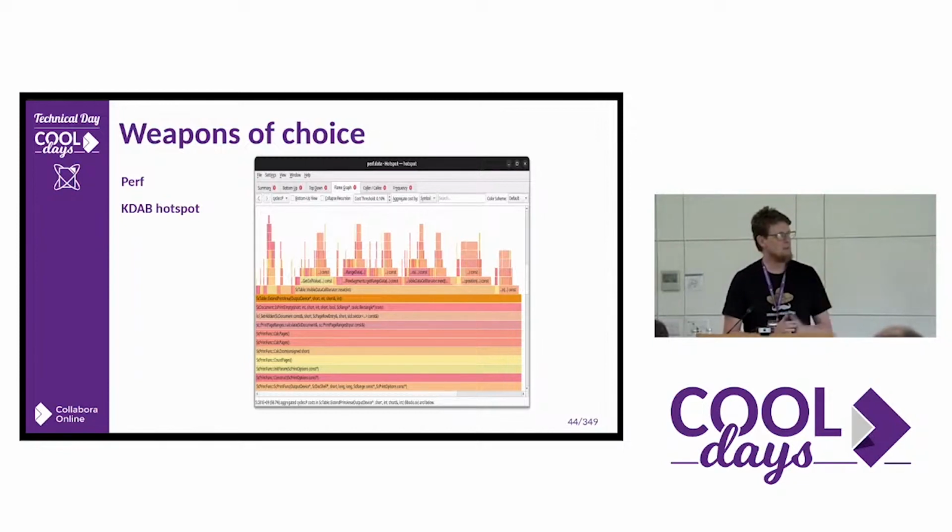In the implementation inside KDAB Hotspot, it's fully graphical. You can click inside it to zoom into chunks. You can filter on sections of your timeline, and the best part is you can right-click on one of those little blocks, and it'll open a text file with your source code, wherever that specific problem is happening. It's not perfect.